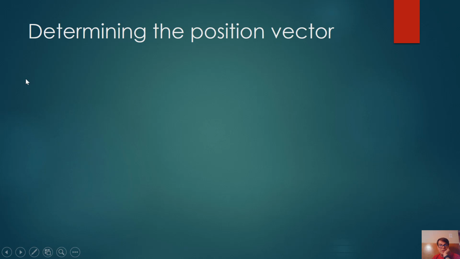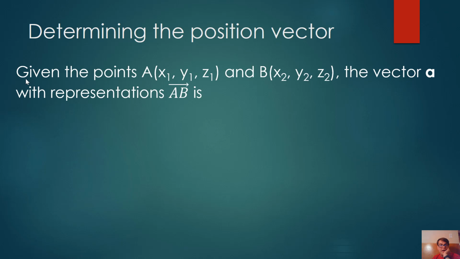Okay, determining the position vector. Now let's say that you have 2 points here, point A and point B. Now the vector A, the position vector for those is going to be x2 minus x1, y2 minus y1, z2 minus z1. So this is the way we find the position vector if we want to find it for two points.